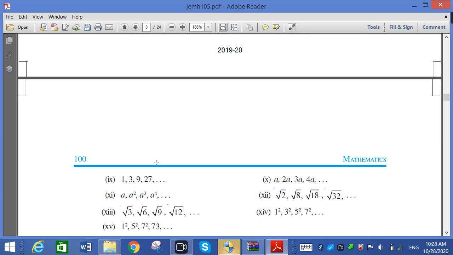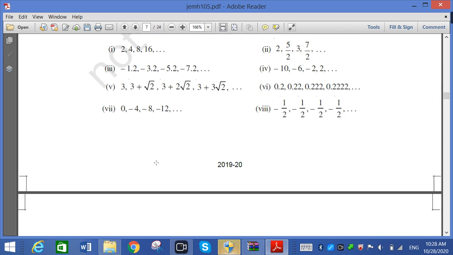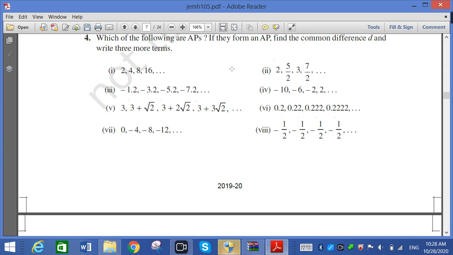How many are there? 15 sums are there. So out of 15, I think first complete, second complete, third okay, check the fourth. Here I think it is minus 6 plus 10, that is 4. Now minus 2 plus 6, again 4. 2 minus 2. So again here it is yes. Now look at this one. 3 plus root 2 minus 3, that is root 2.